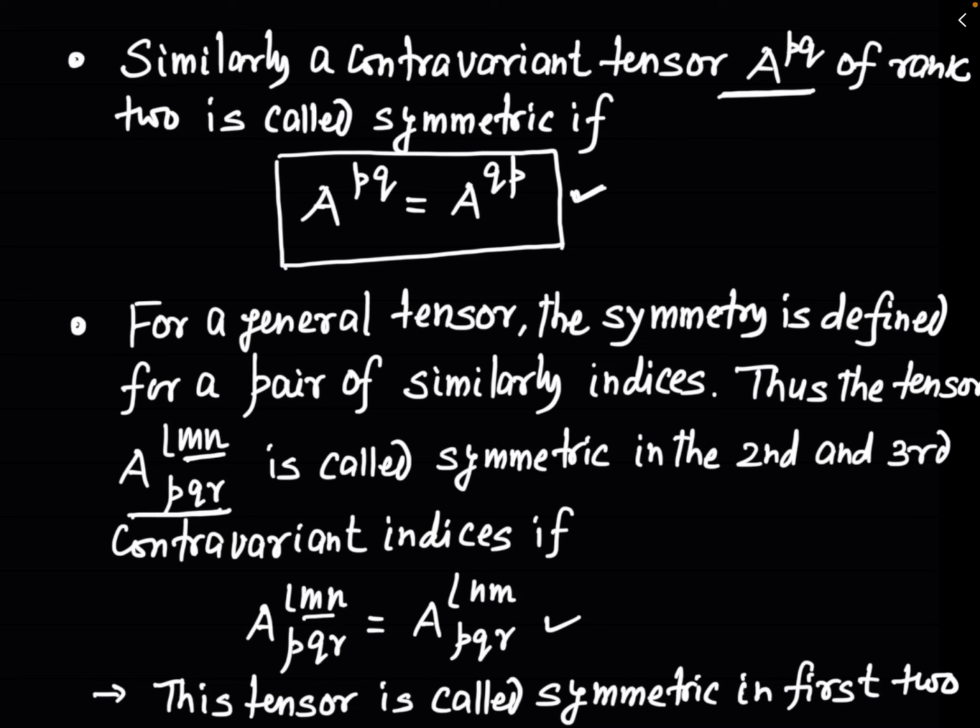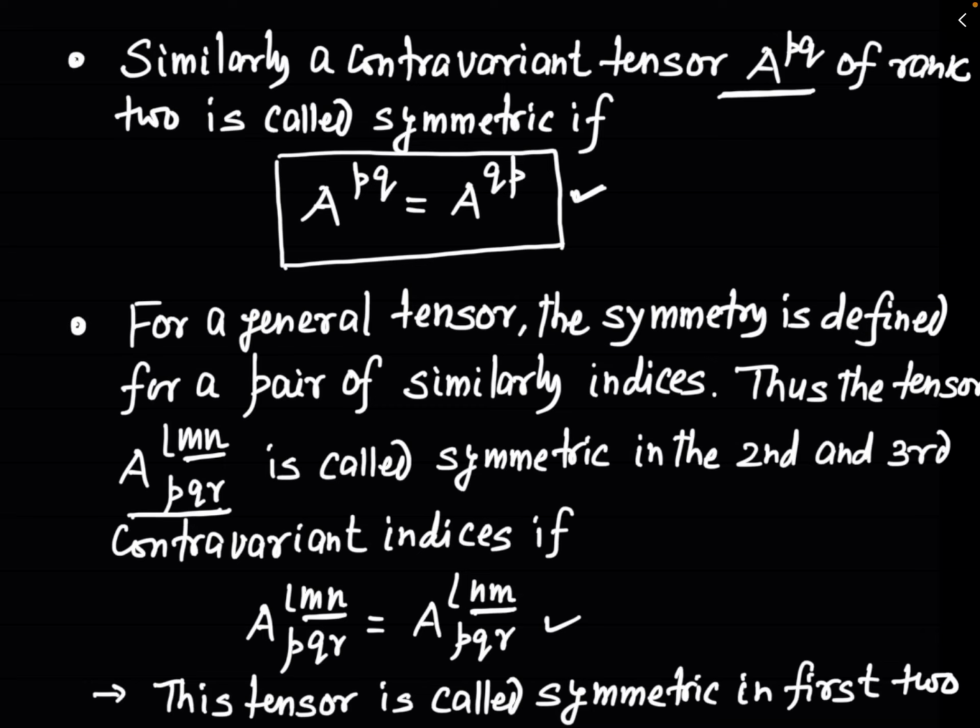It means we interchange M and N, but the result remains the same. So if A super LMN sub PQR is equal to A super LNM, mark here, MN has been replaced by NM, sub PQR, then you can say that this tensor A is a symmetric tensor with respect to the contravariant indices M and N. Mark this.